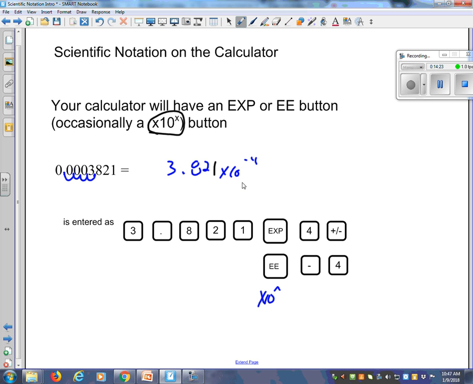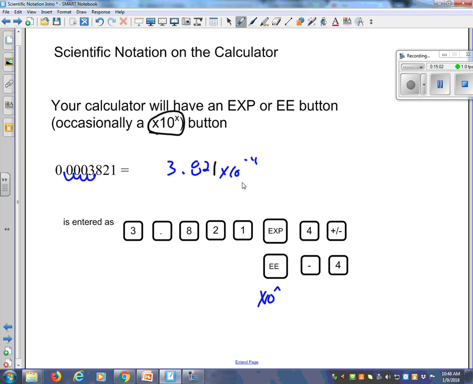You did the times 10; no, don't do that. You can get it right there. EXP.